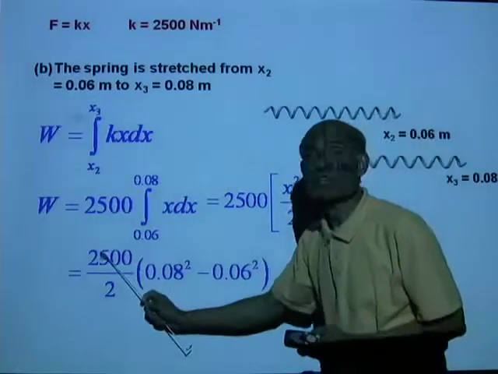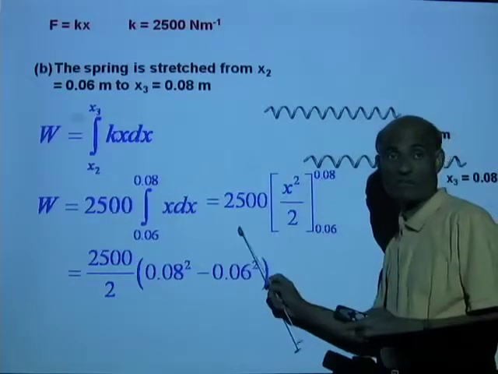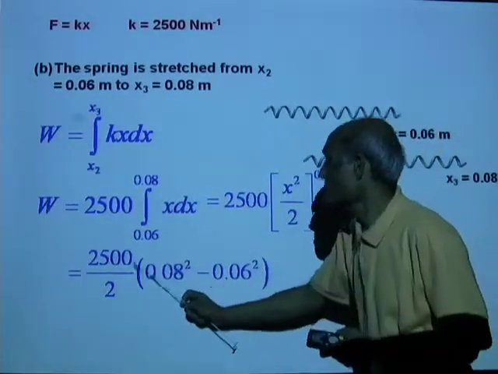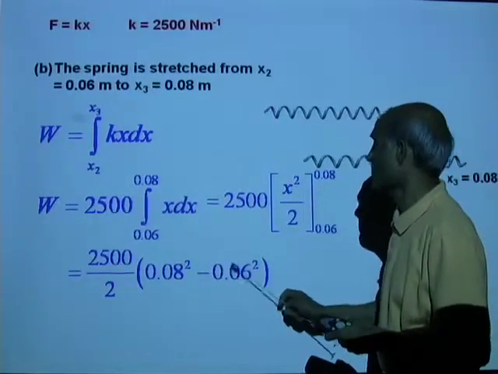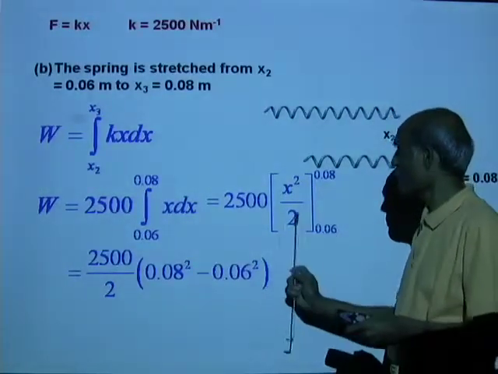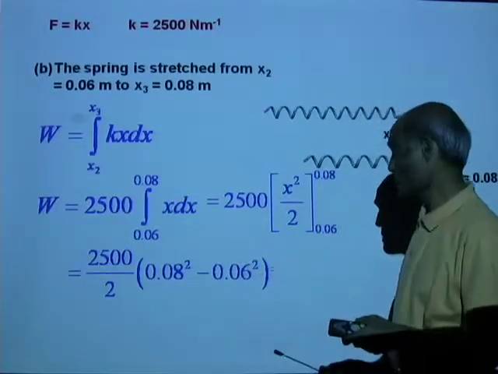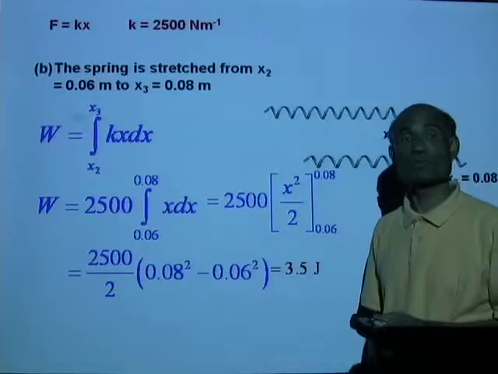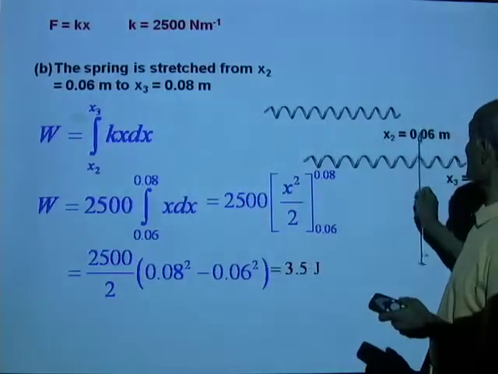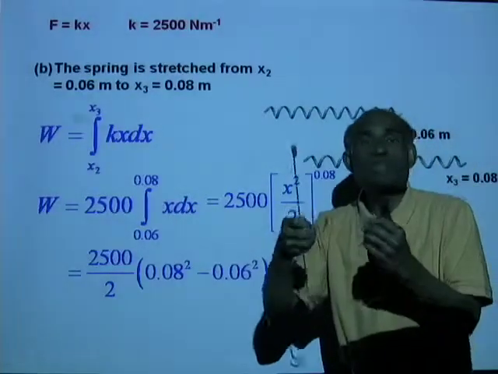So that is 2500 over 2, we take that to outside, multiplied by 0.08 squared minus 0.06 squared. Remember this 2 has come out. And what's that equal to? That is 3.5 joules.